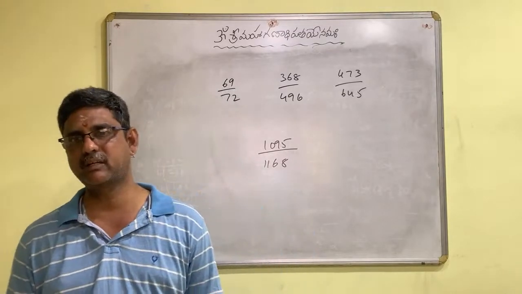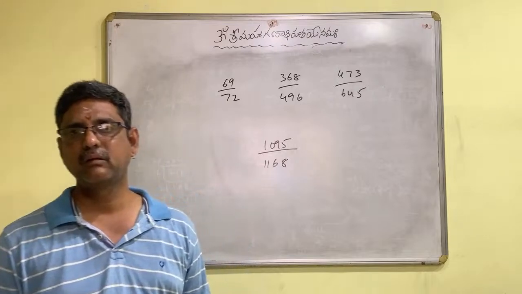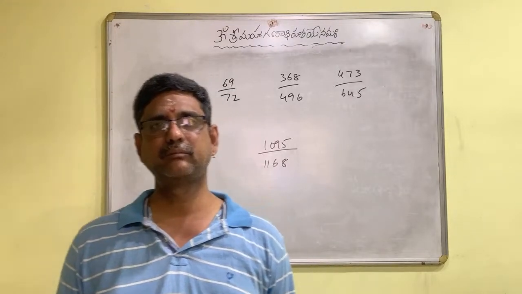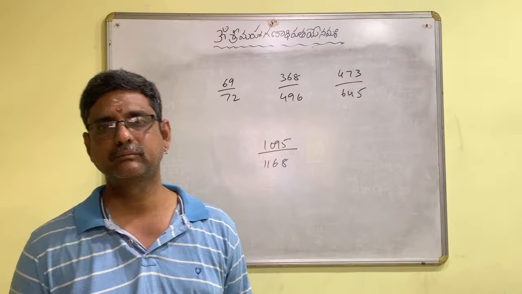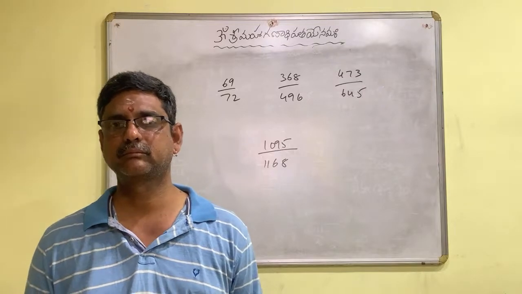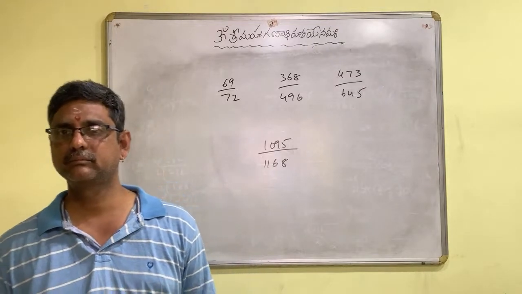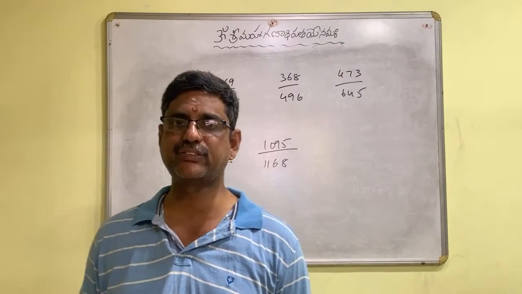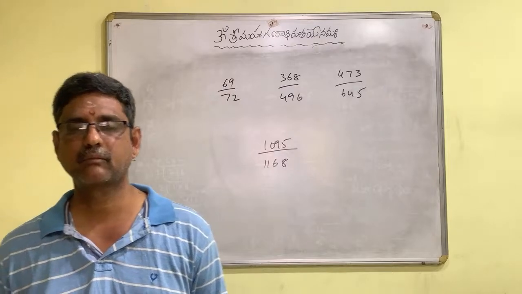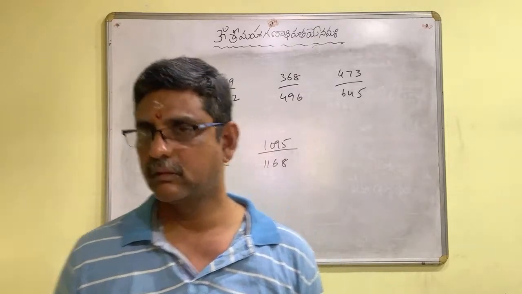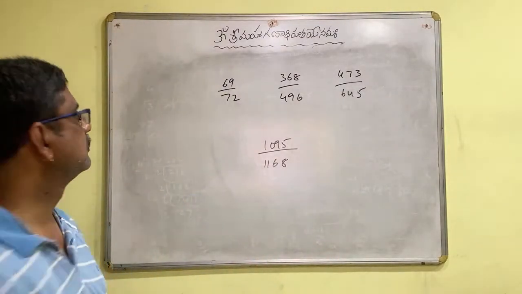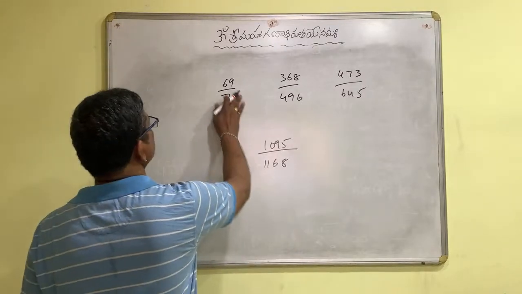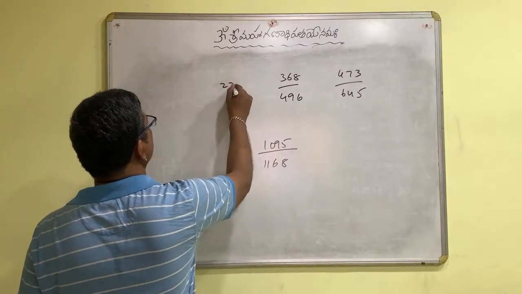First question answer. Now go ahead with the second one, 368 by 496. This is simplification. 23 by 24.